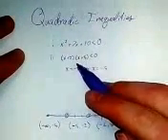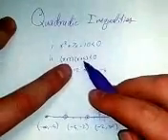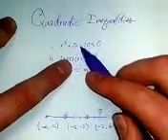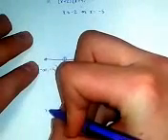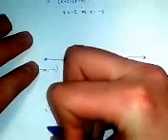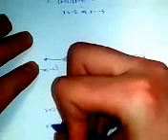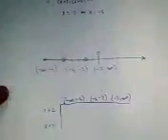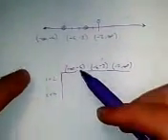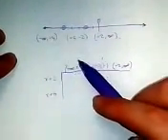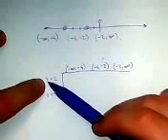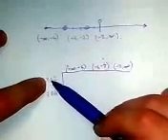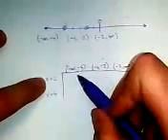Now down the side here, we're going to have our two different factors of our quadratic. So here we're going to have x plus 2, and here we're going to have x plus 5. Now what we're going to do is take any number from this domain and plug it into here and see if it makes it either a positive number or a negative number.